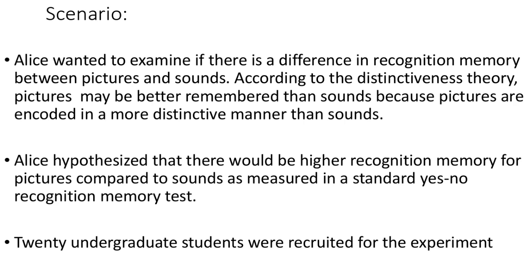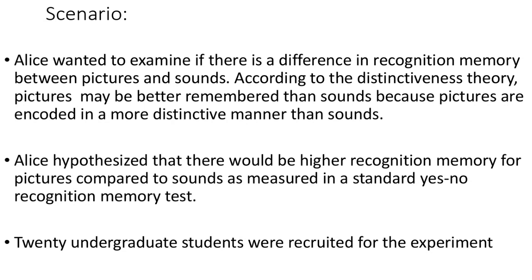Okay, so here's a scenario. Ellis wanted to examine if there's a difference in recognition memory between pictures and sounds. According to the distinctiveness theory, pictures may be better than sounds because pictures are encoded in a more distinctive manner than sounds. Ellis hypothesized that there would be higher recognition memory for pictures compared to sounds, as measured in a standard yes-no recognition memory test.